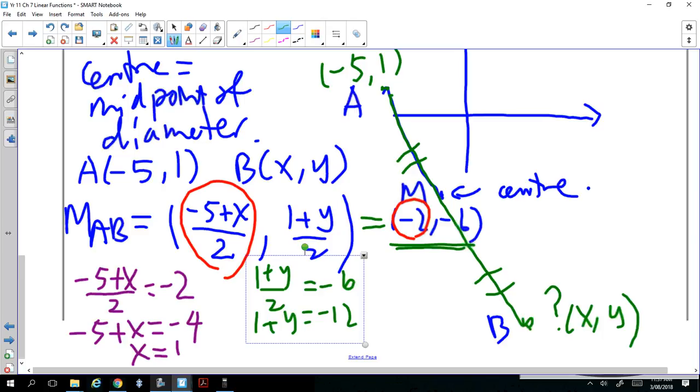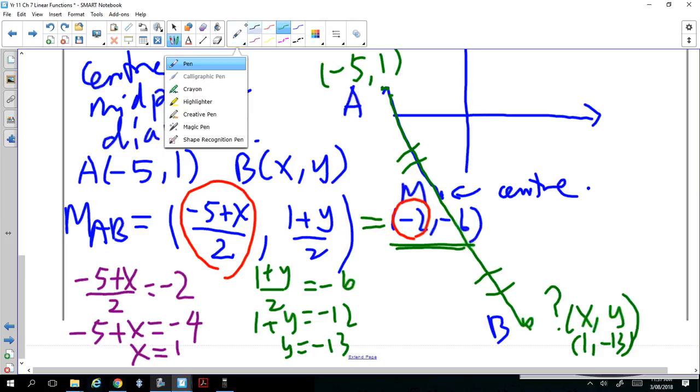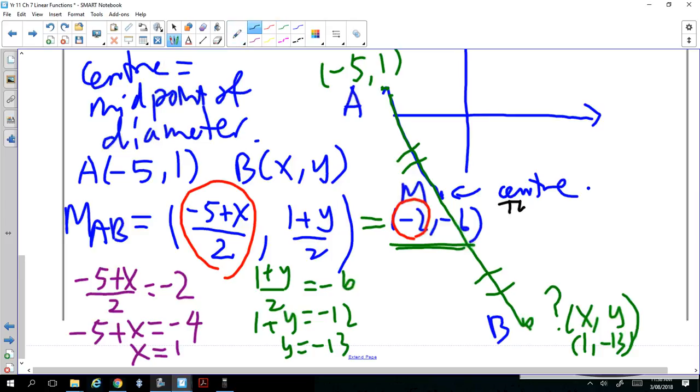So you can conclude the other endpoint is 1 comma negative 13. Okay? Alright, any question? So just label this x and y. Alright, that's midpoint done. How are we going for time?